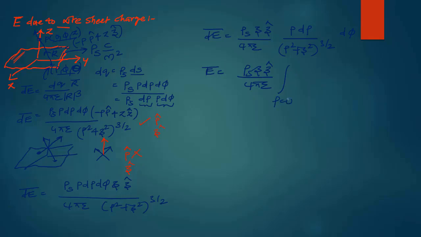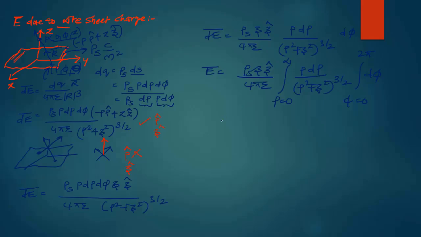Rho is changing from 0 to infinity. Rho will not take negative values because rho is the radius, so we take 0 to infinity. So rho d rho by rho square plus z square whole power 3 by 2, integral phi changes from 0 to 2 pi, d phi.